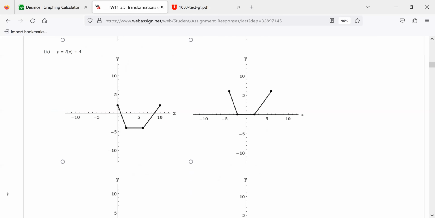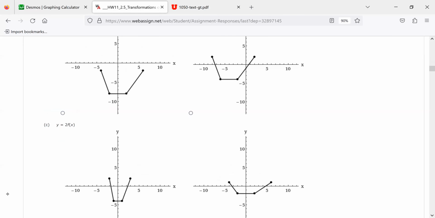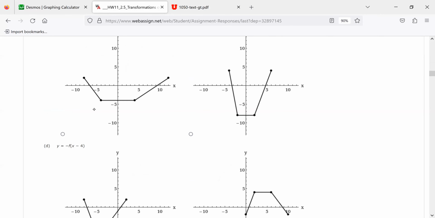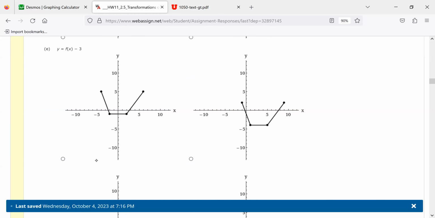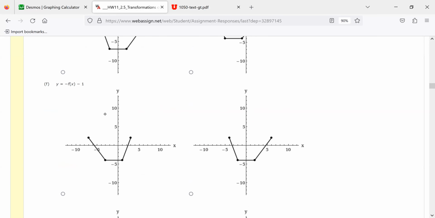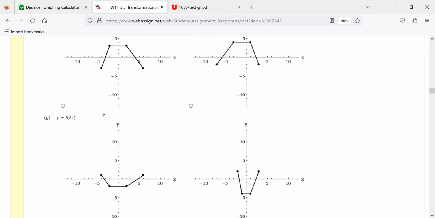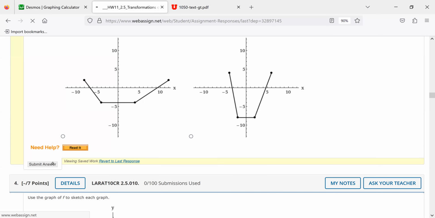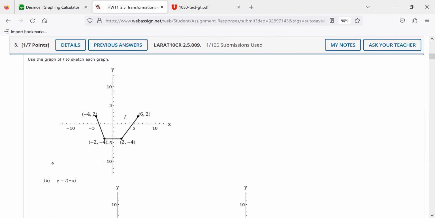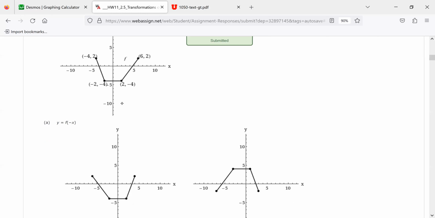Let's check. On the bottom. And then... Yeah.